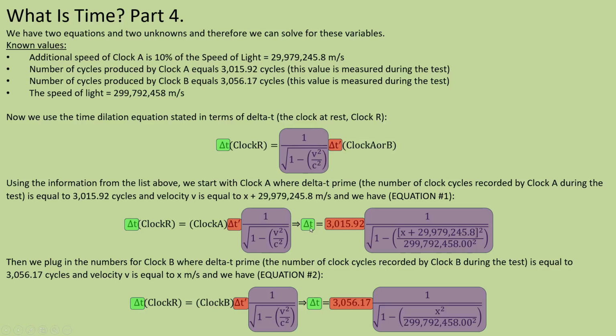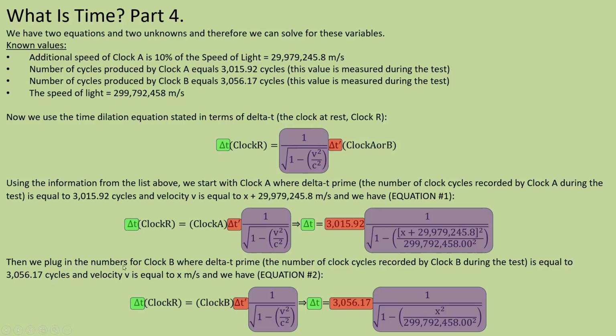So here we have delta t equals 3015.92 times the Lorentz factor. We plug in for the velocity the speed of the spaceship plus 10% of the speed of light, and c is the speed of light, which is a constant, and we plug that in here, and now we have equation number 1.